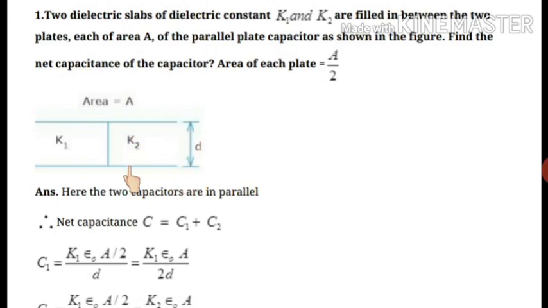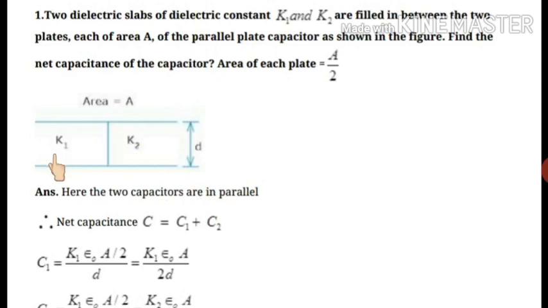Now we know this thing. This is which type of combination? This is a parallel combination; this is how the two dielectric slabs are arranged. Now D is the distance between the two plates. As these two capacitors are in parallel, we can consider them as two capacitors.